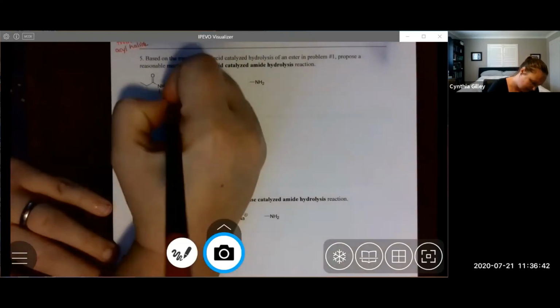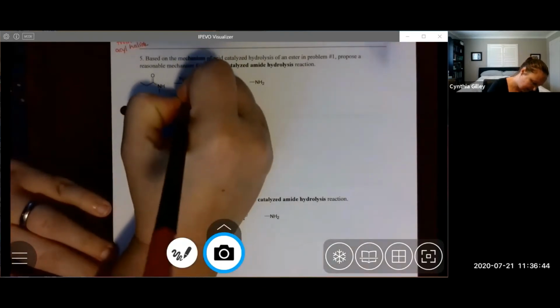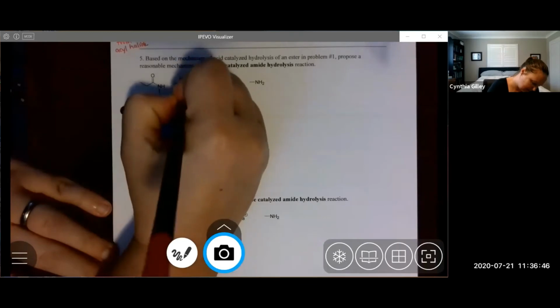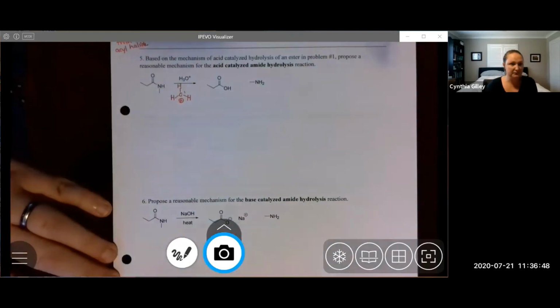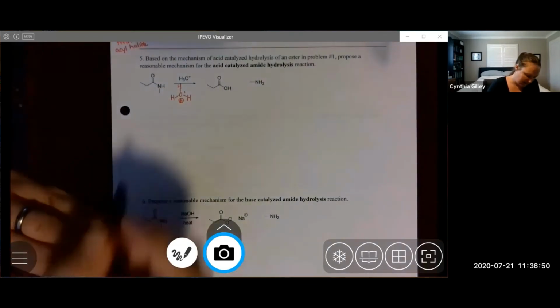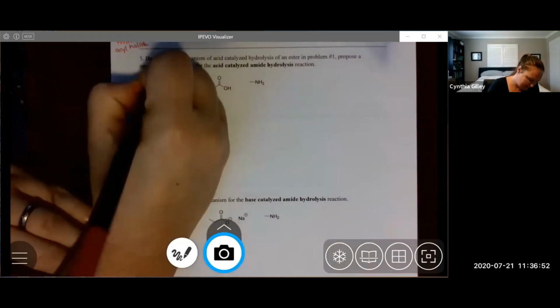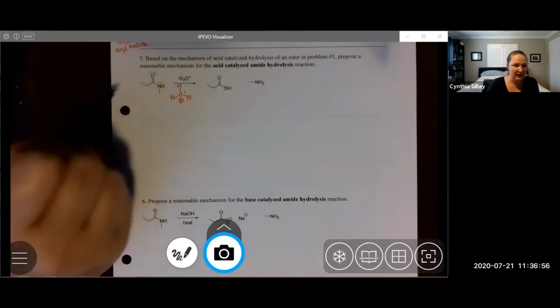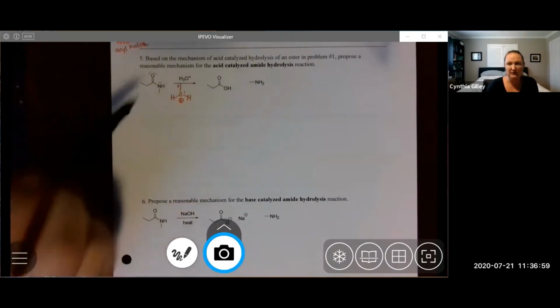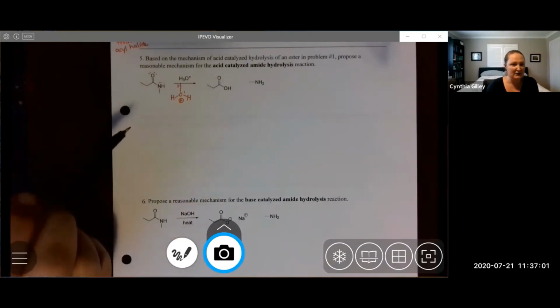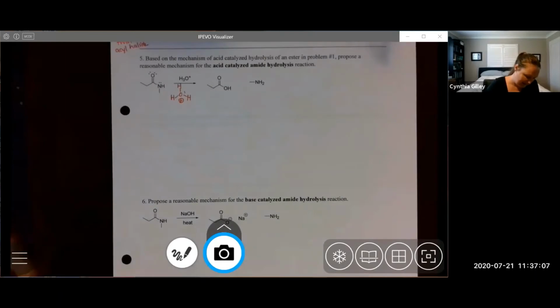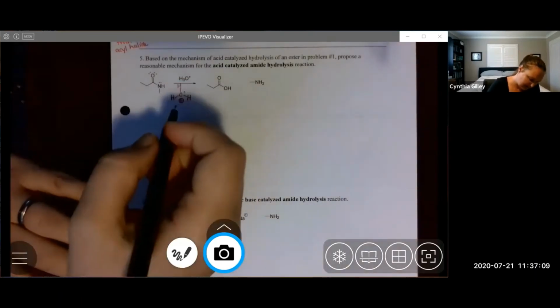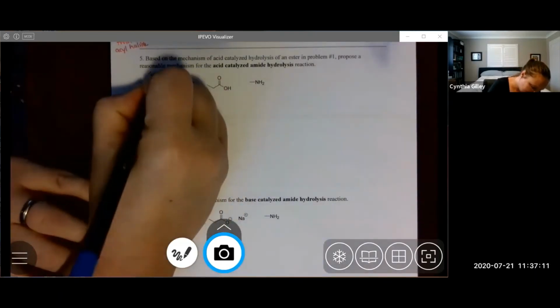I can draw out my acid because I know I'm going to be doing an initial proton transfer, for the same reasoning as before. Amides are actually the most stable and the nucleophile is water, so that's not going to do anything without an acid catalyst. That's why we need the acid catalyst, and we're going to protonate the oxygen.